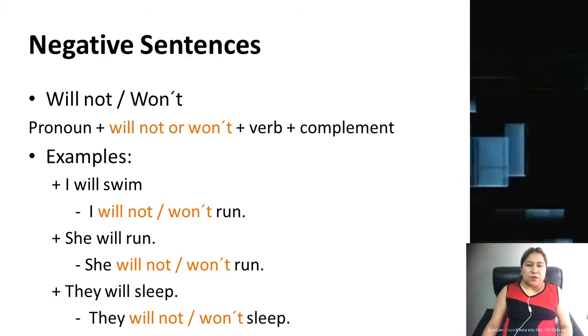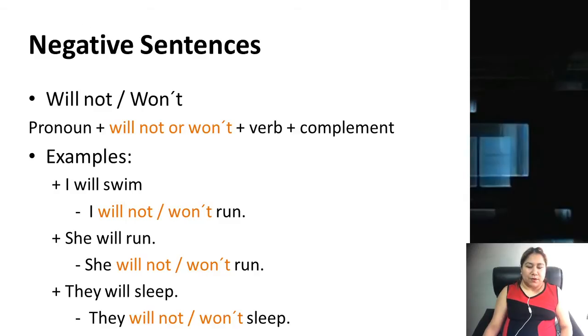First of all, you have to use the pronoun. Remember, pronouns could be I, you, he, she, we, they, etc. Then you have to use an auxiliary and you must add the word not. Finally, you have to put the verb in simple present.